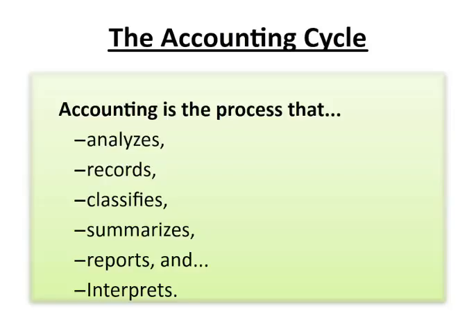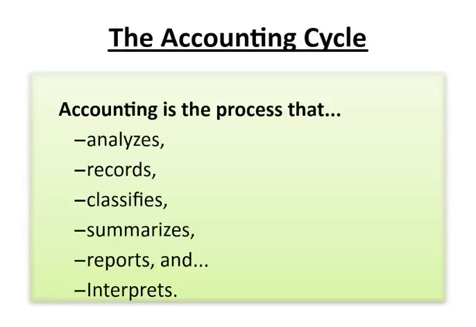Next slide, accounting cycle. It is a process. Accounting is a process. Like this process is, first we analyze a transaction, what kind of transaction it is and how it is affecting the business.